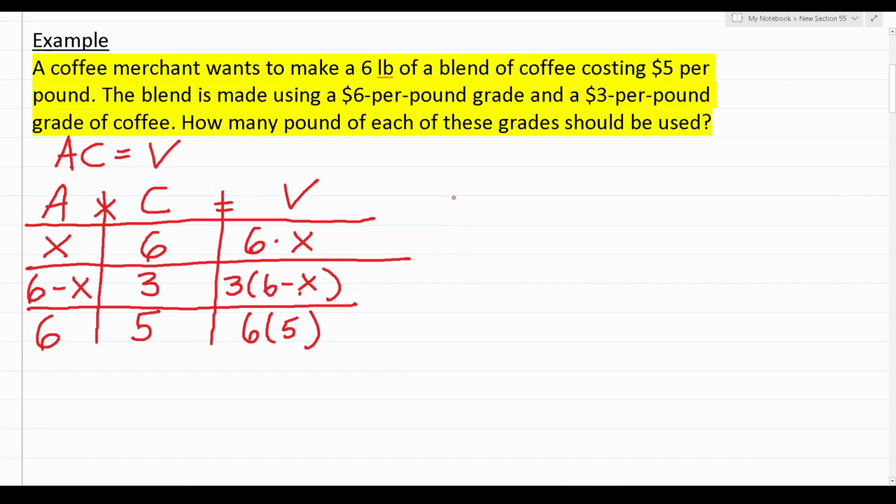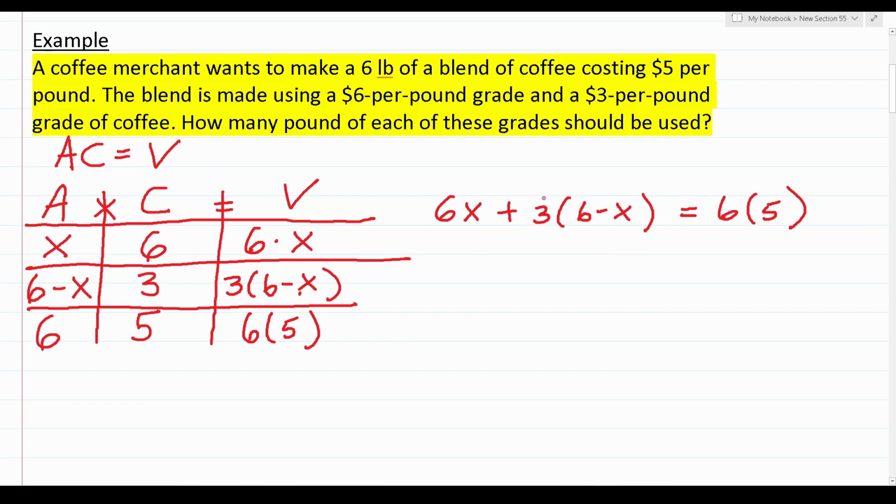So in other words, 6x plus 3 times 6 minus x has to equal 6 times 5. By solving this, we'll know what x is, and then we can answer the question because we know this blend of coffee is x amount, and this blend of coffee is going to have 6 minus x amount. So let's go ahead and solve for x in this equation.